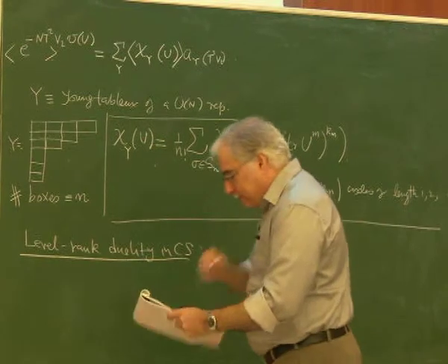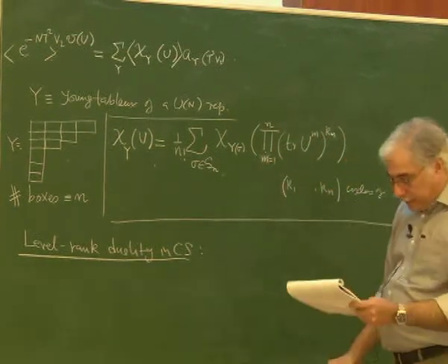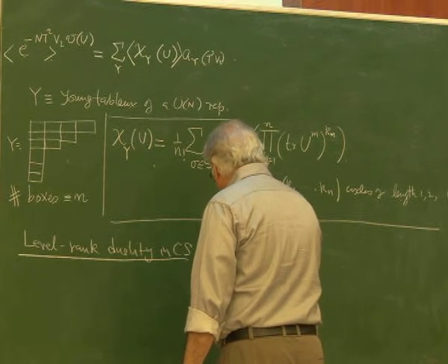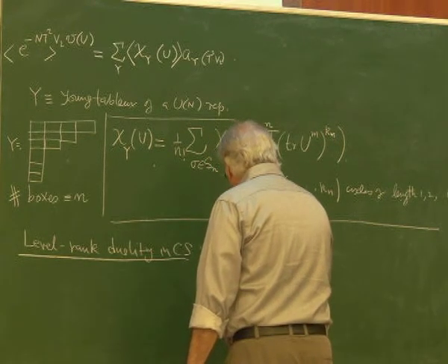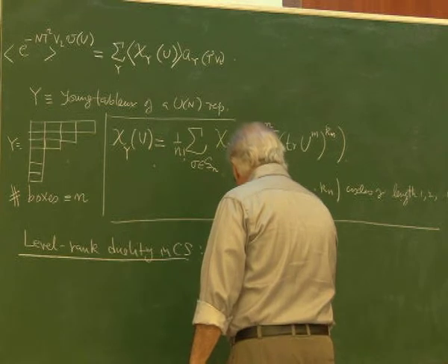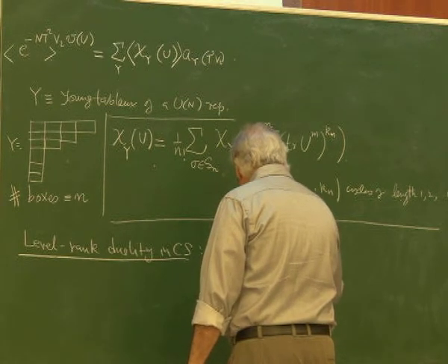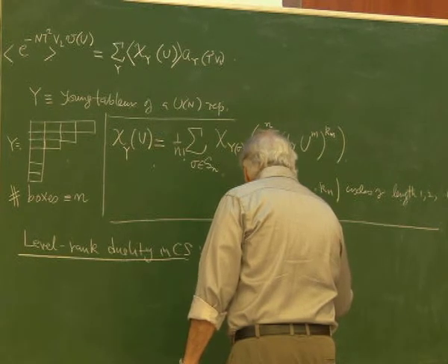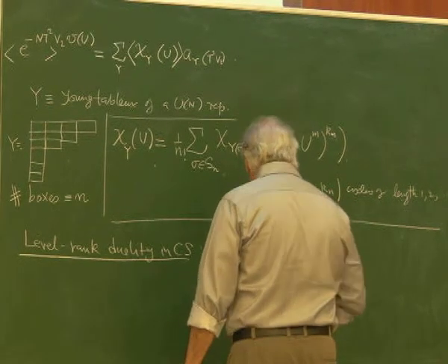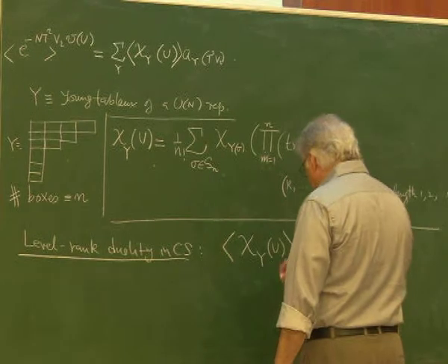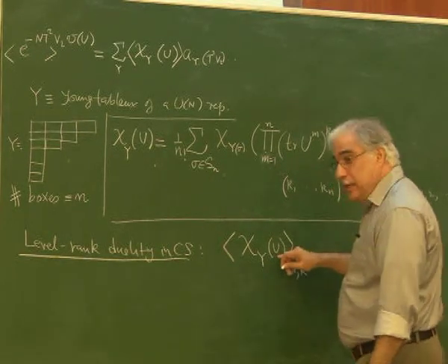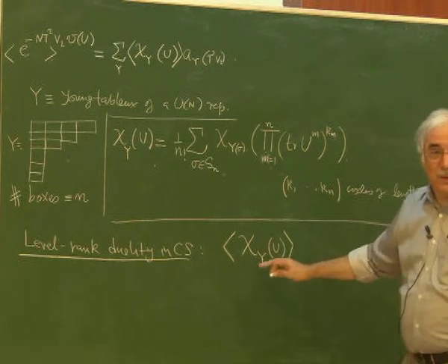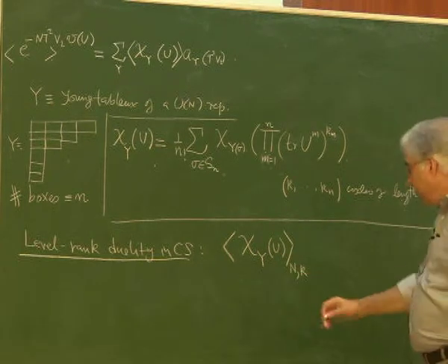So it says the following: if you take the expectation value of the character in the representation Y in a Chern-Simons theory of rank n level k. Note that this u is integrated over; remember that this is an expectation value, with an integral over a unitary matrix.